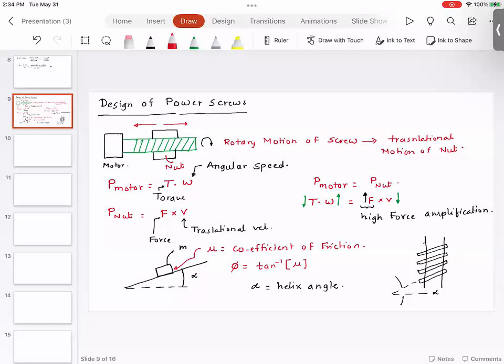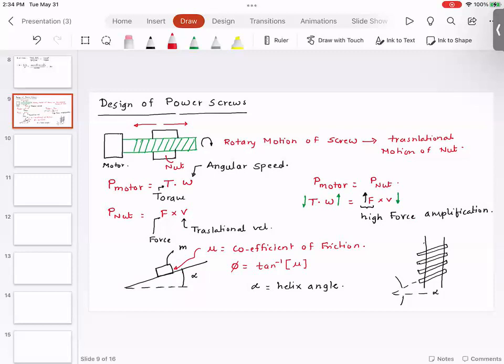I have this mass on this flat surface. Right now, there is some weight of this mass, but there is also a normal force, and mu times the normal force is the frictional force. So if I start making this plane inclined, clearly there is a component of weight that's going to push this mass down.